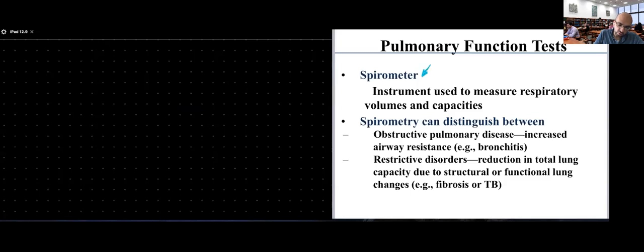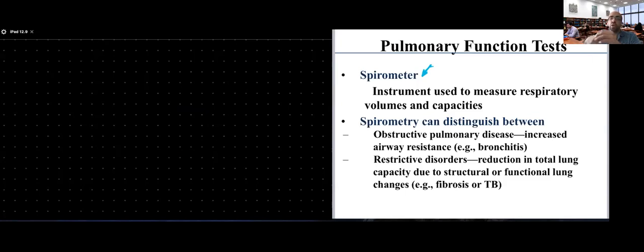It's called the spirometer. Spirometer is an instrument that measures the respiratory volumes. So you have a machine and you're going to ask the patient to breathe in and out through the machine, and the machine is going to be checking the volumes of air moving in and out.